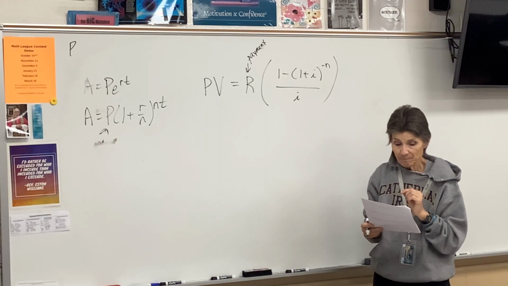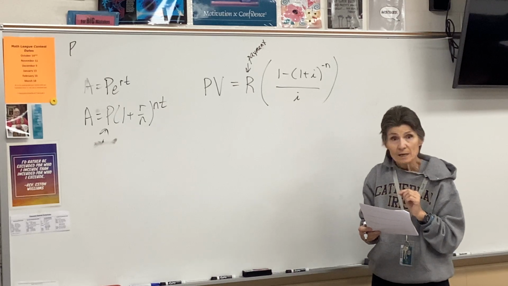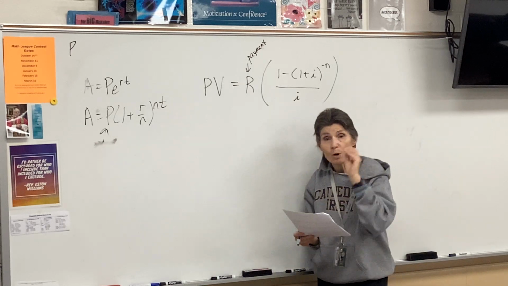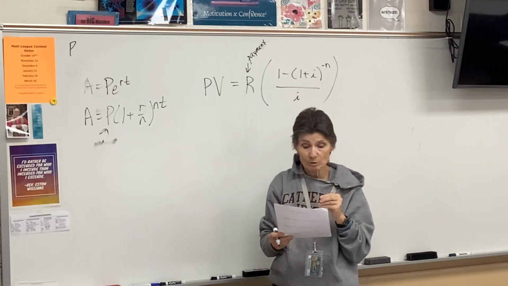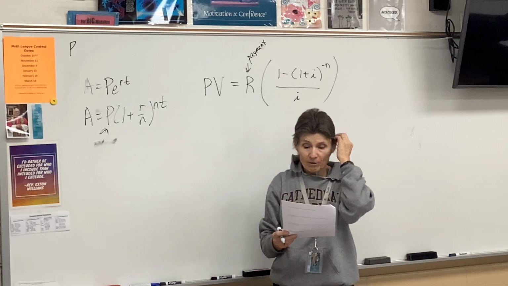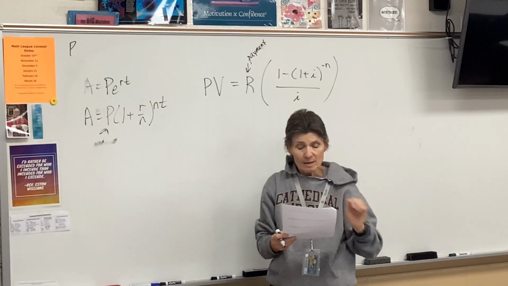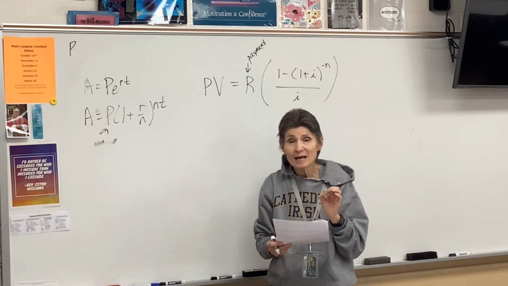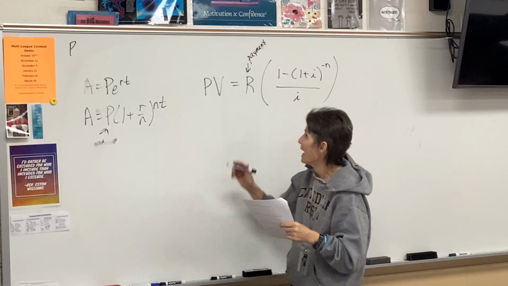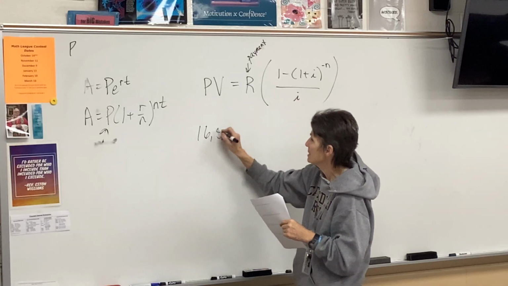PV is the present value of the loan. So how much did Carlos borrow? Now you got to be careful. He bought the truck for $18,500, but he made a $2,000 down payment. So he actually only borrowed $16,500.